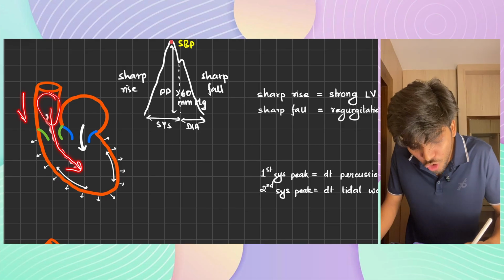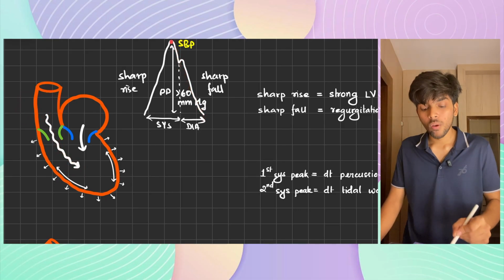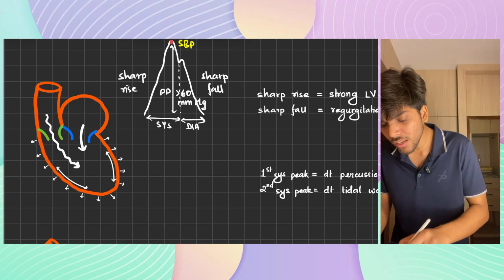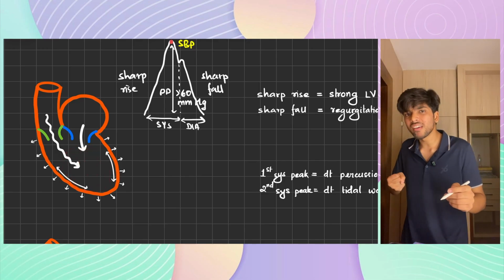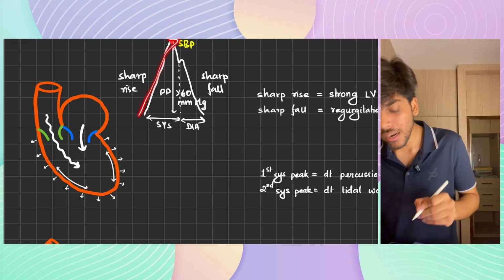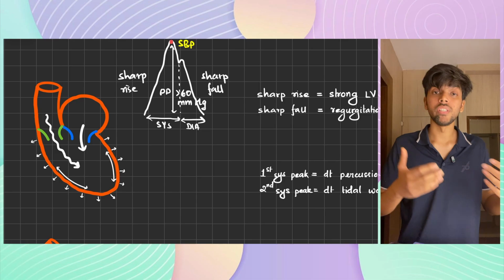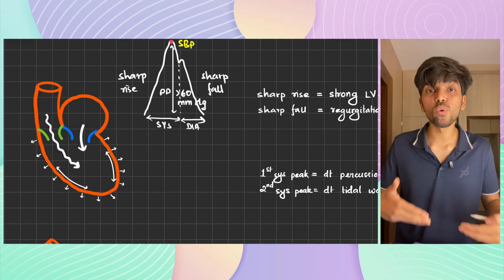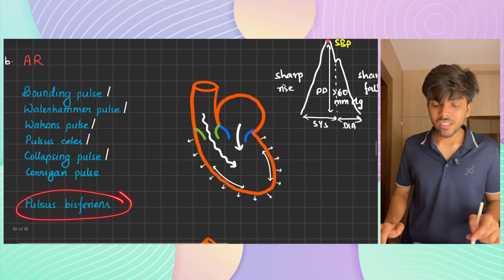So there is a drop in the pressure inside the aorta. So there is a sharp fall. Once the ventricle is filled with lots of blood, it is going to contract strongly. So it squeezes out blood rapidly, giving us a sharp rise. That's why a sharp rise and a sharp fall in aortic regurgitation, which is referred to as a bounding pulse or Waterhammer pulse.